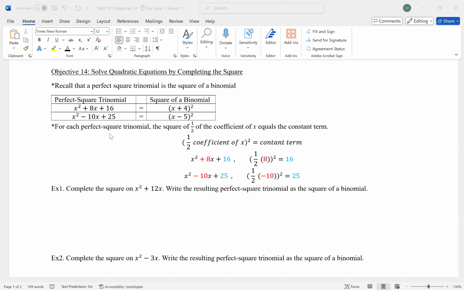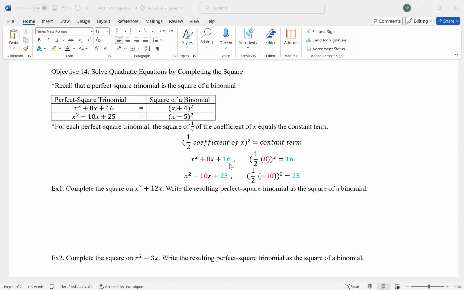So for each perfect square trinomial, the square of 1/2 of the coefficient of x equals the constant term, okay? So we're going to look at these two from the table, and we're going to keep this equation in mind. 1/2 times the coefficient of x, squared, equals the constant term.